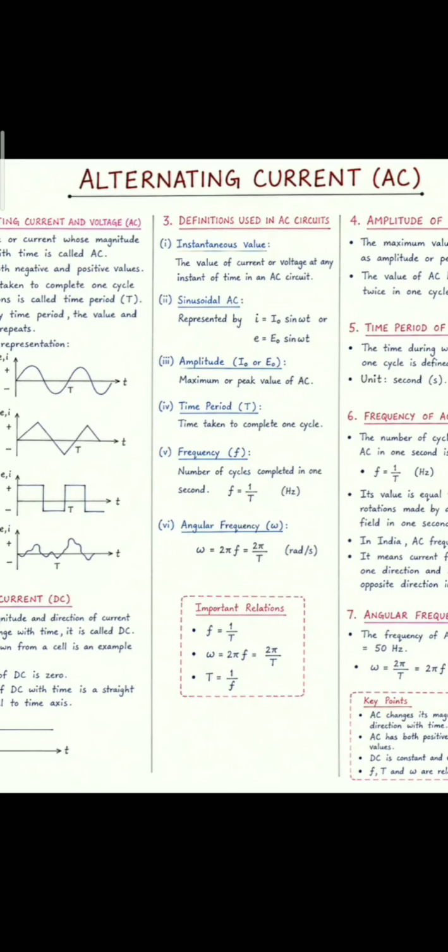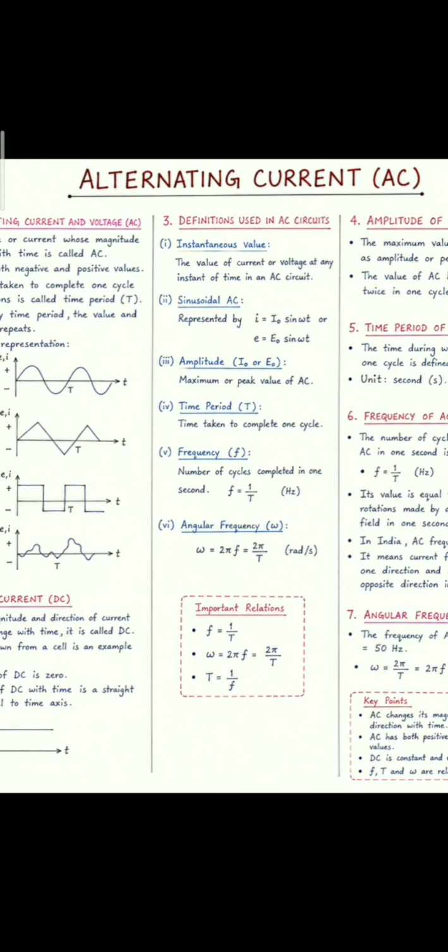Like that, the value of current or voltage at any instant of time in an AC circuit is called instantaneous value.